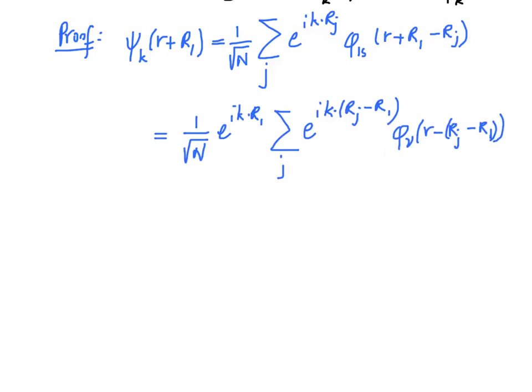Okay, so there is our second step. All we have done is a little mathematical trick. We want our exponential over here to look like this quantity over there, and to make that happen we have simply multiplied and divided this entire expression by e to the i k dot R1.